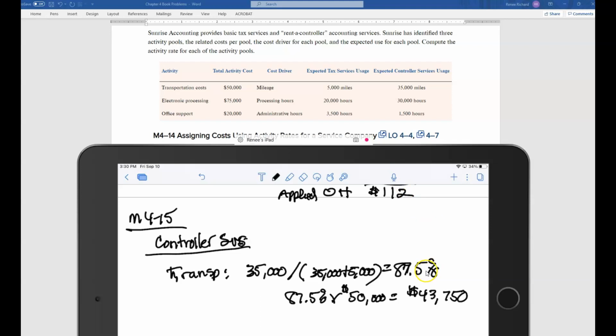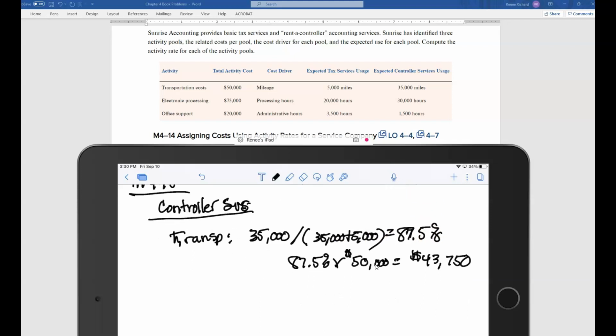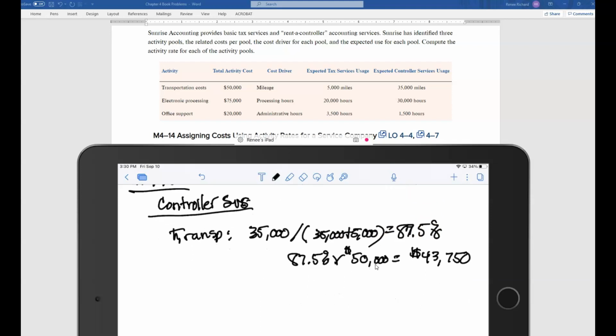All right, what about electronic processing? Controller services uses 30,000 hours, because this is the controller services column. So 30,000 hours divided by 30,000 plus 20,000, the total.